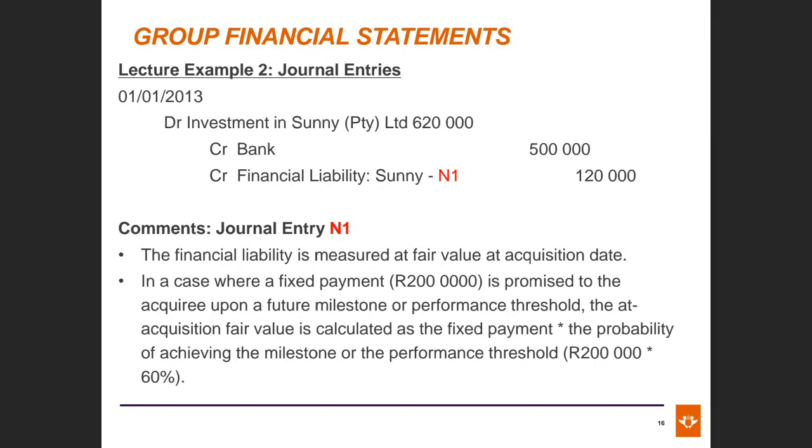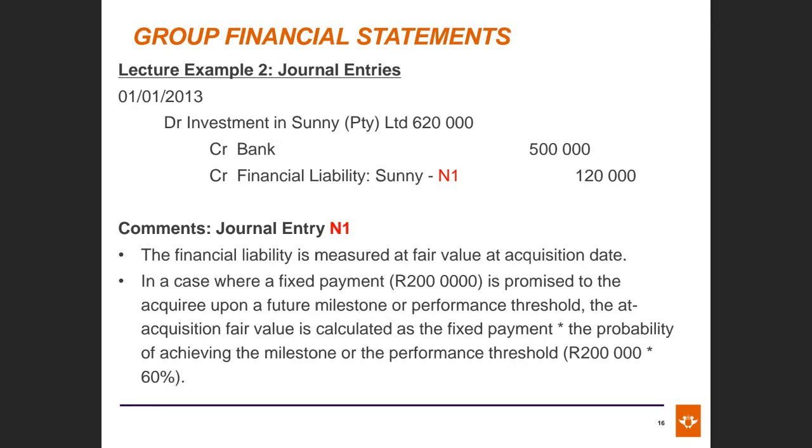It sounds complicated, but the fair value is equal to the fixed payment, which was 200,000, multiplied by the probability of achieving the milestone, which was 60%. That is how we determined the 120,000. We took the additional payment of 200,000 Rand and multiplied it by 60%, and that gave us a financial liability at fair value of 120,000 Rand.